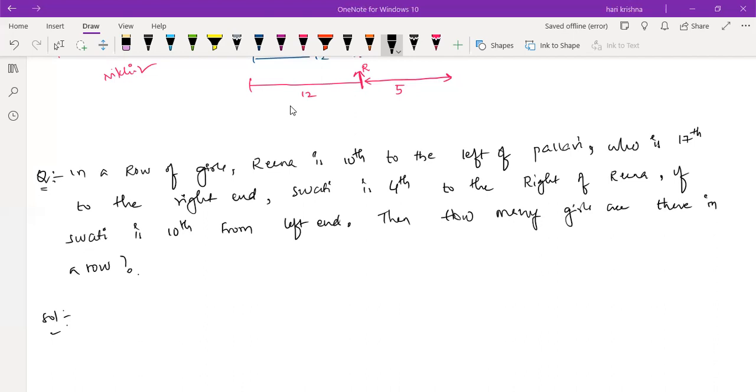So is she 17th from the left or the right? 17th from the right hand. Pallavi is 17th from the right hand. Yes, sir, the word who belongs to the immediate person only. I know what who is, I was asking 17th to or 17th from? 17th to.